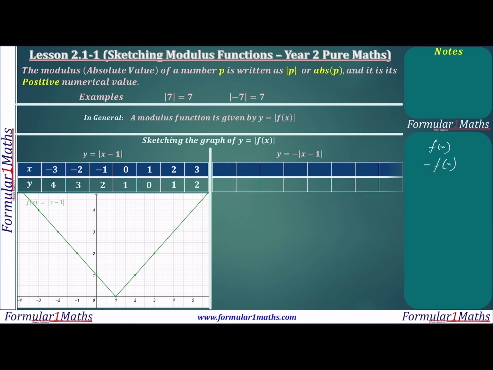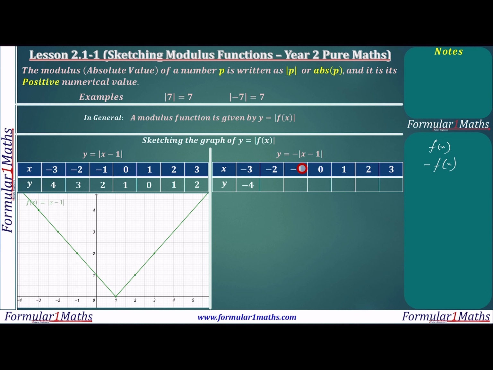Again, we draw a table and put the same values in and find the corresponding y values. When I put minus 3 here, minus 3 minus 1 is minus 4. The modulus of minus 4 is 4, and I will negate it because of this negative sign here. So I'll end up with negative 4 here.